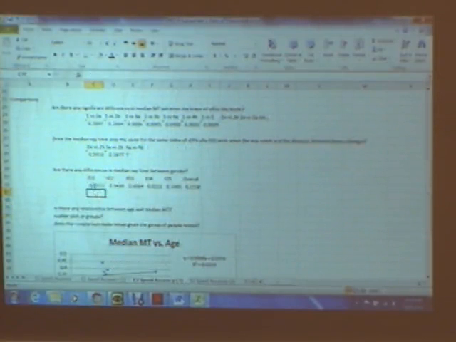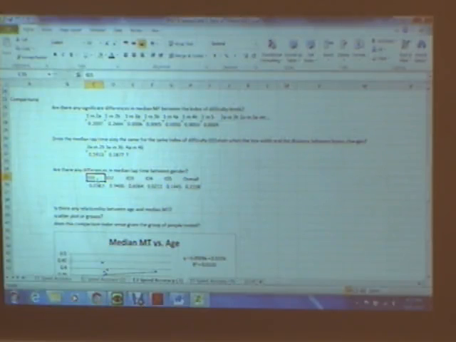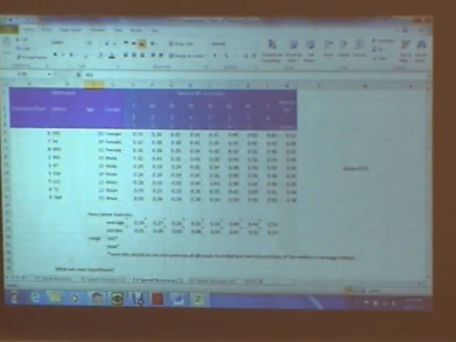Okay, so getting back to Mishka's point about what you can do about testing between, these would be like grouping variables, gender or age. Here is gender. So I looked at index of difficulty of 1 between gender. In order to do that, I've already done it on this one.